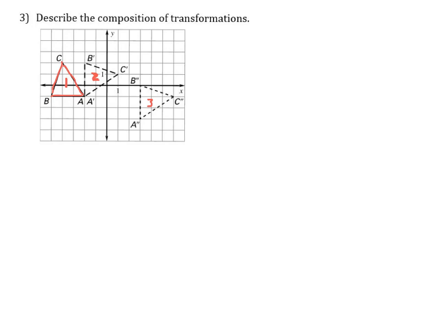So the first thing I got to figure out is how did I get from figure 1 to figure 2? Well, I noticed that C is on top in figure 1, but now all of a sudden B is at the top for figure 2. So that tells me right away it's not a translation. And it doesn't appear to be a reflection. It's not like the figure is flipped over a line.